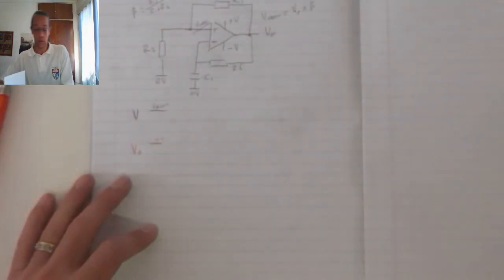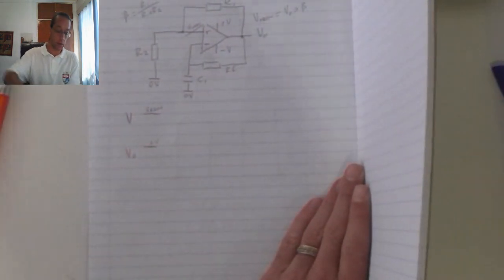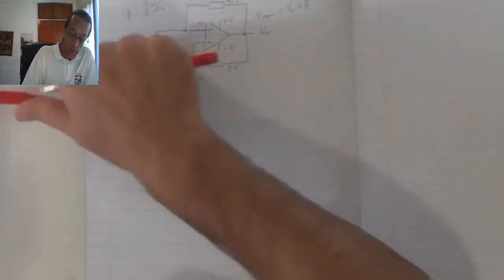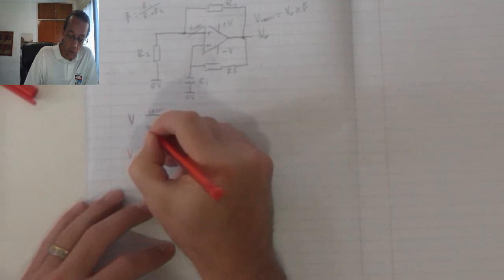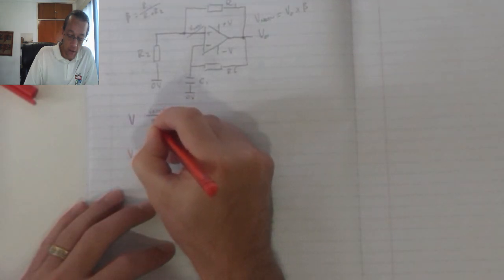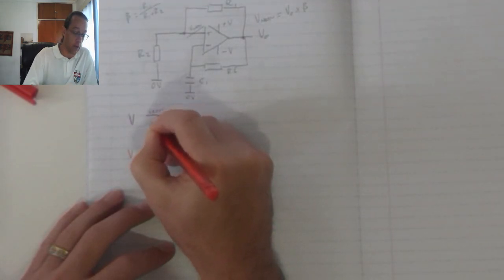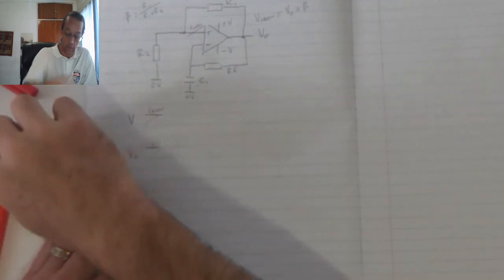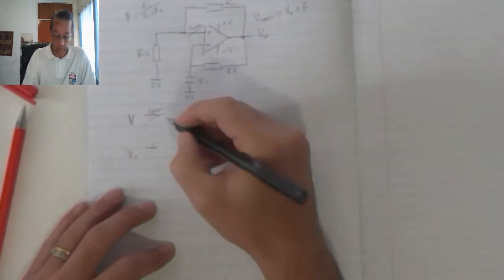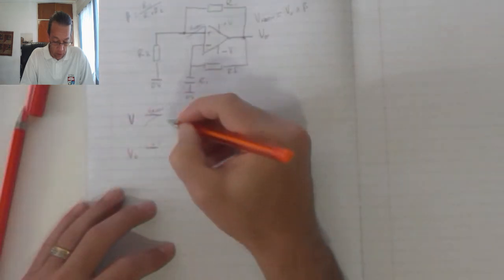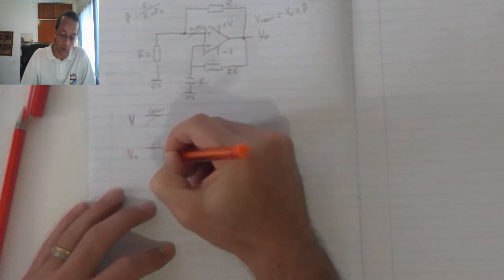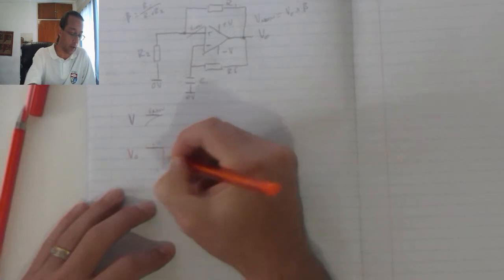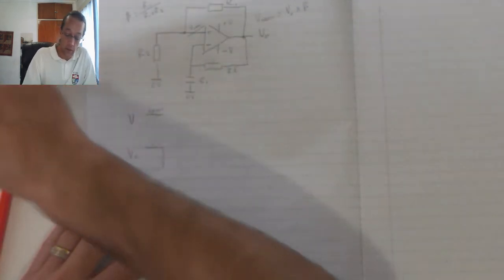Okay. What now happens, let's get another color pen here, let's use red, is this capacitor is going to start charging. And once it reaches that value of the non-inverting input, it forces my output voltage to switch into minus V saturation, or the negative saturation.